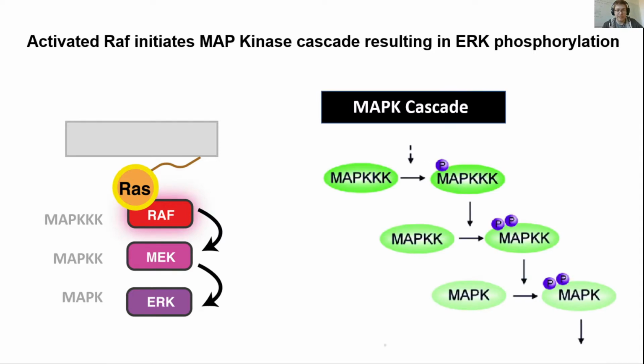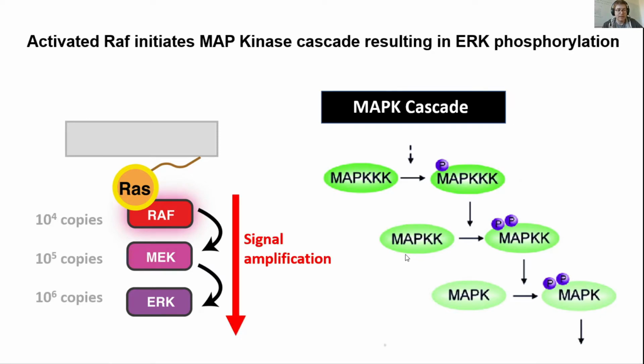One thing to recognize about this MAP kinase cascade module that you see here is that it can allow for signal amplification when you think about the stoichiometry of the different components. There are about 10 to the fourth copies of RAF, the MAP kinase, but there are 10 to the fifth copies of MEK, and there are 10 to the sixth copies of ERK.